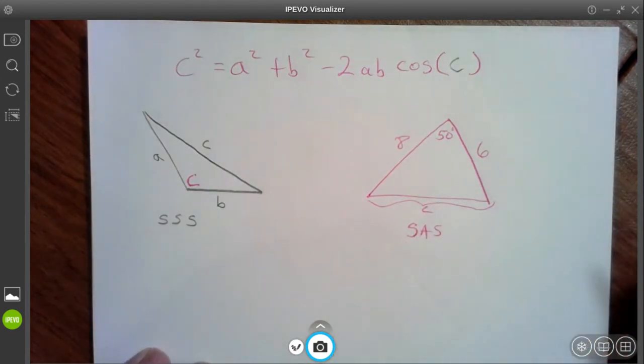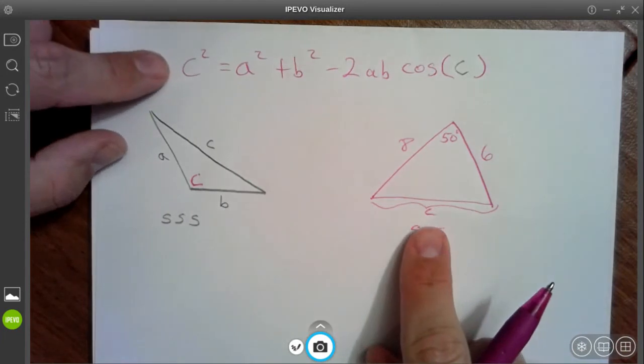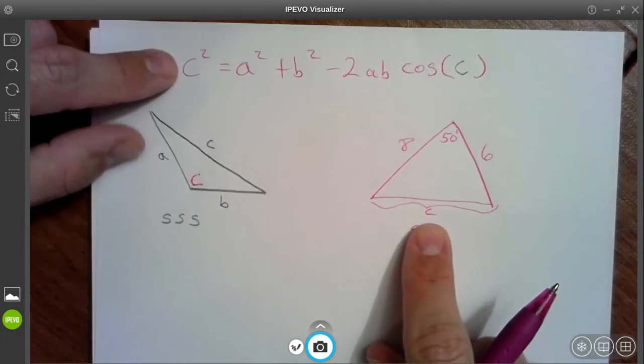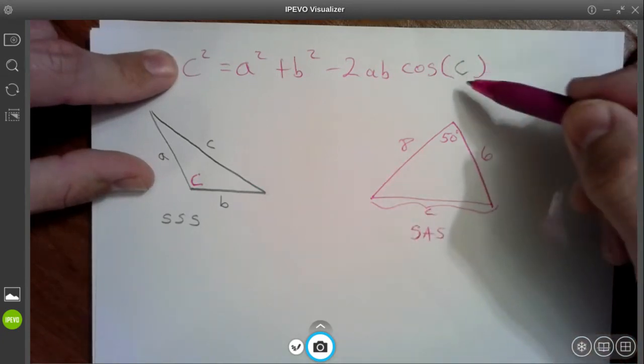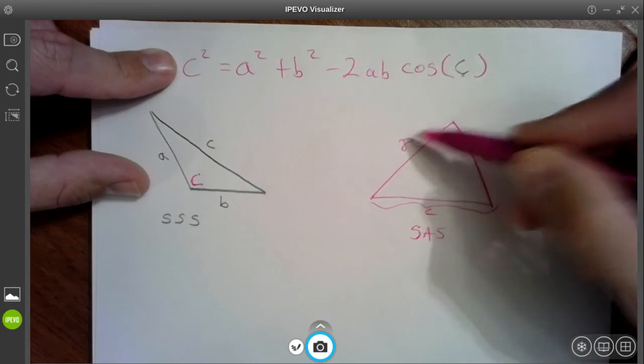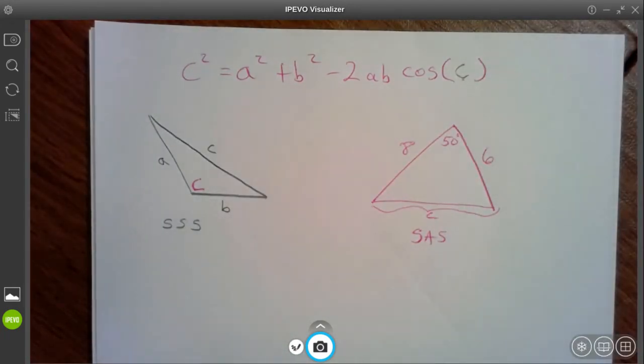Let's just call it side C. So side C would be the one that we're actually solving for over here, and I know this right here would be like 50 degrees. And then this could be A and B.